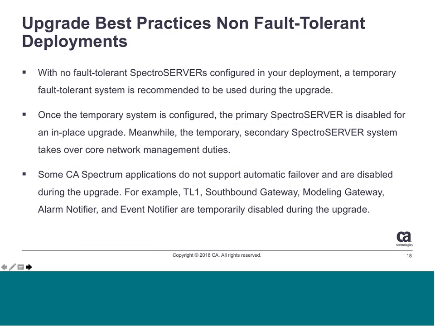And so once the temporary system is configured, you disable the primary Spectre server and do an in-place upgrade. And during this time, as I mentioned, you continue to still monitor your network. Now, important to note, sometimes some of the Spectrum applications do not support an automatic failover, and may be disabled during the upgrade, and that has to be noted and taken care of.